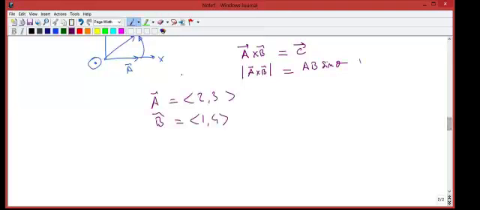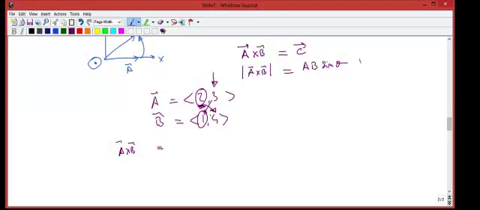We're going to use the distributive rule, and if we want to calculate A cross B, we're going to take the first term of A, cross it with the first term of B. Then back to the first term of A, cross it with the second term of B. Then we're going to move to the second term of A, cross it with the first of B, and then second term of A, cross it with the second term of B. So just using the distributive rule.